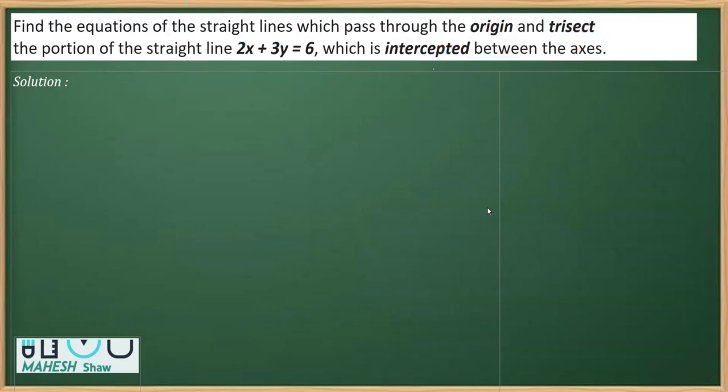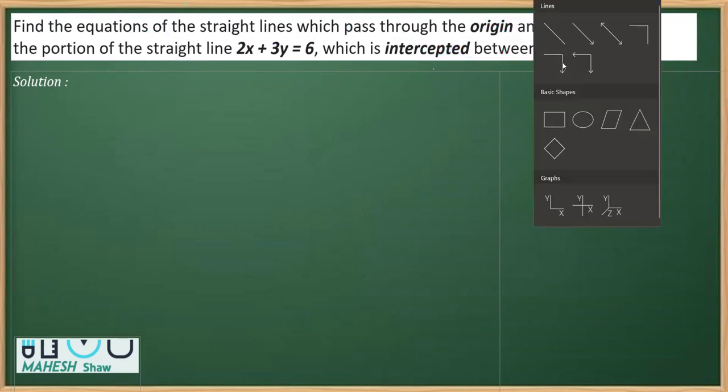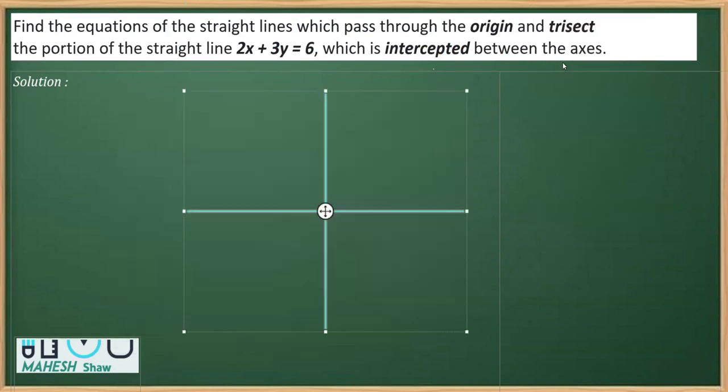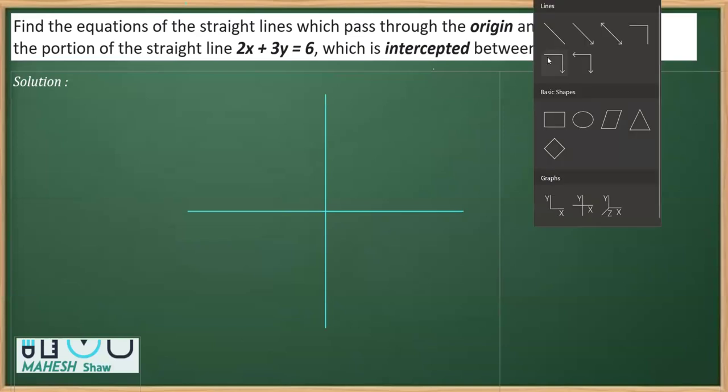So in order to understand this clearly, let's make a Cartesian plane, as I made here, and now I'm taking a line.